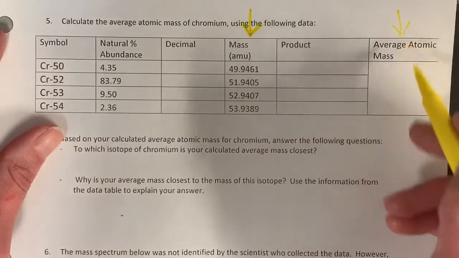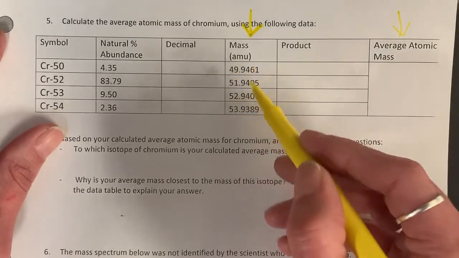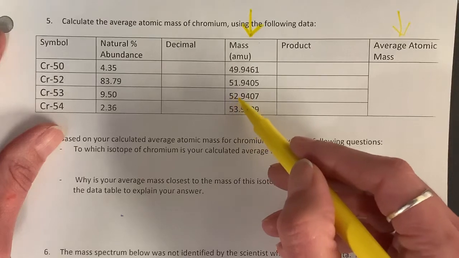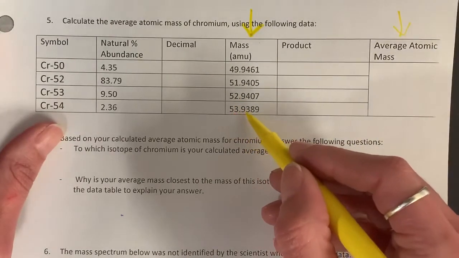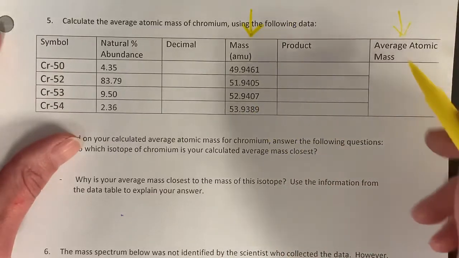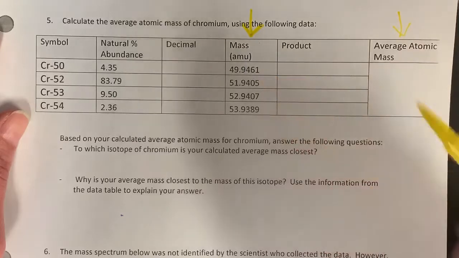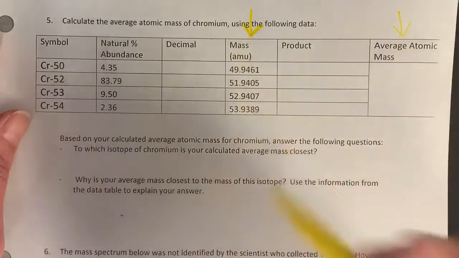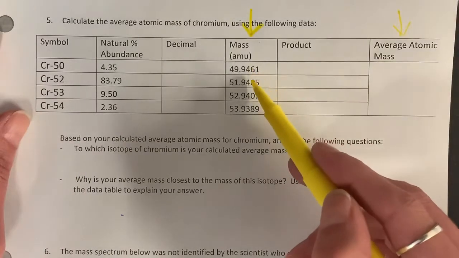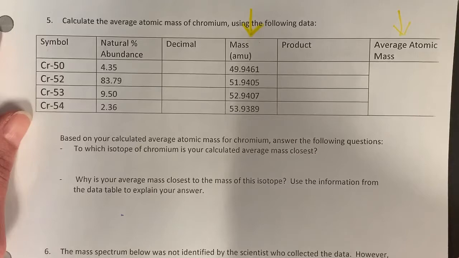You're going to say, oh, my answer is closest to 49.94, or my answer is closest to 52.94, or my answer is closest to 53.93. What is your answer closest to? And then you're going to tell me, based on this table, why your answer came out closest to whichever one of these masses. Okay?